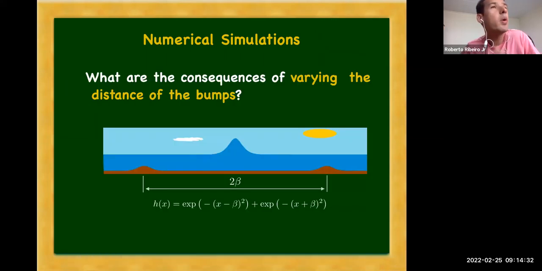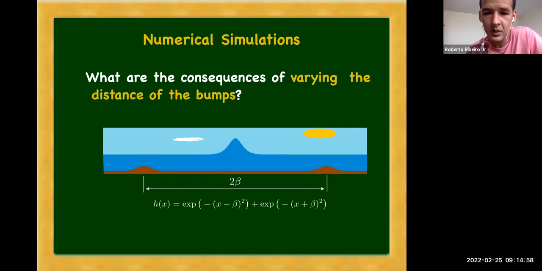So we are interested in investigating how this trapped wave solution behaves when we change the parameters. The first study that I'm going to show is what happens when we vary the distance between the bumps.